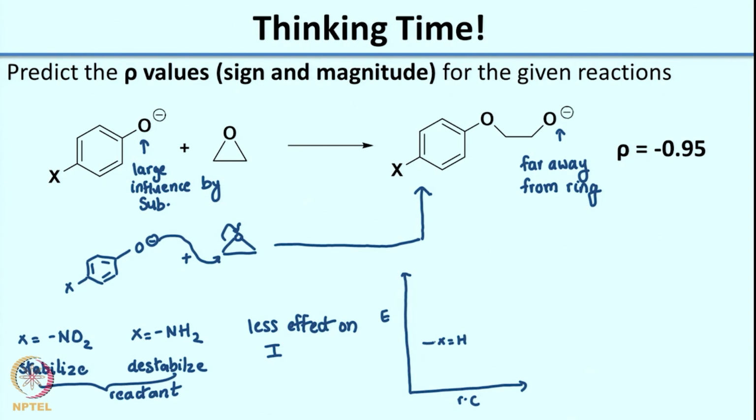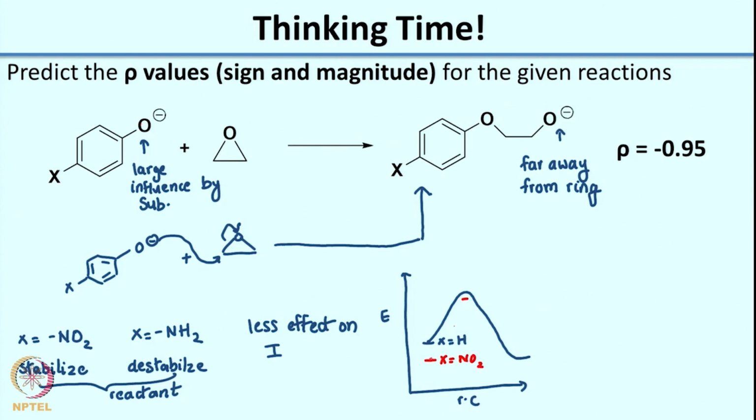So when I have X is equal to NO2, what would that do to the reactant? It is stabilized. What will it do to your transition state? Not much effect, right. So the negative charge is not conjugated with the aromatic ring as it was in the reactant. So the effect is much lesser.